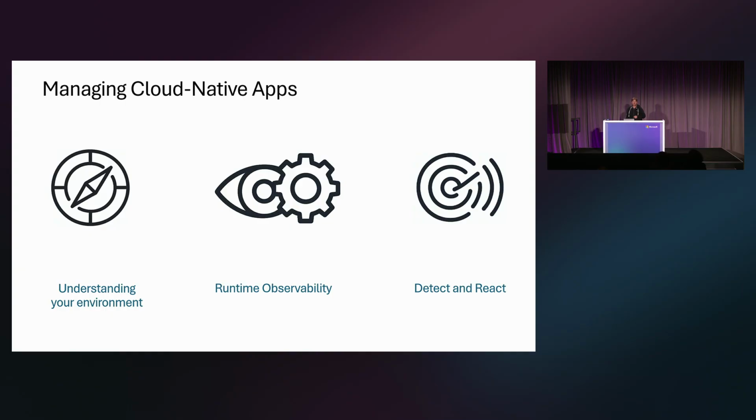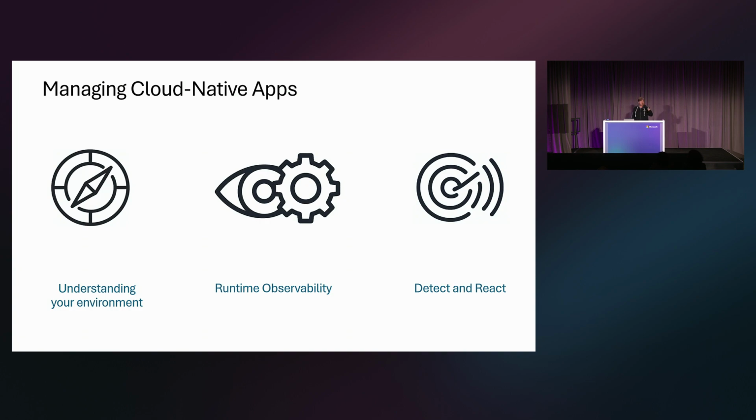Second, runtime observability. Metrics and logs aren't enough anymore. You need real-time insight into how workloads actually behave so that you can troubleshoot and keep things healthy. And third, detect and react. I think react, sometimes we can even get to proactive engagements these days with AI models as well. But modern systems are changing consistently.